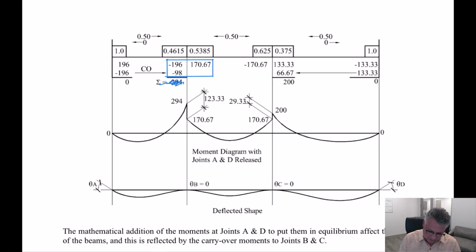You actually don't need that. I'm just adding that up to show you what that number is. So you've added those up. You all agree that added up to negative 123.33. So to put this joint in equilibrium, I need to add positive 123.33 foot kips.